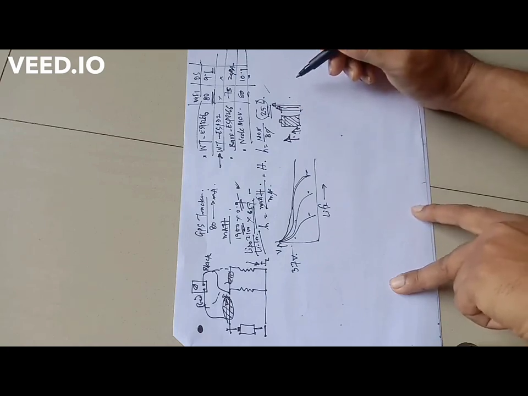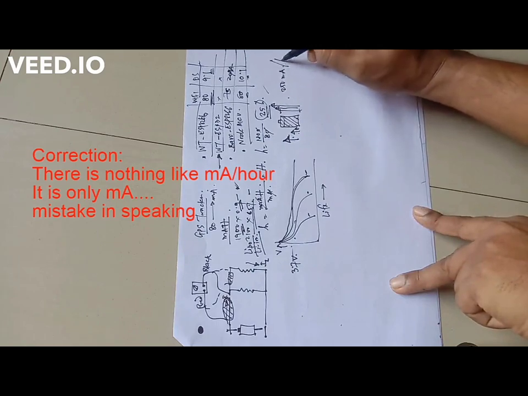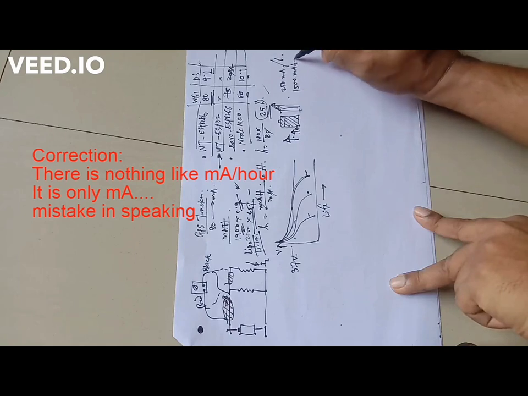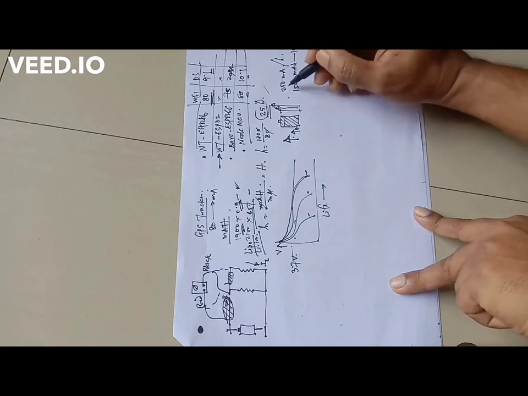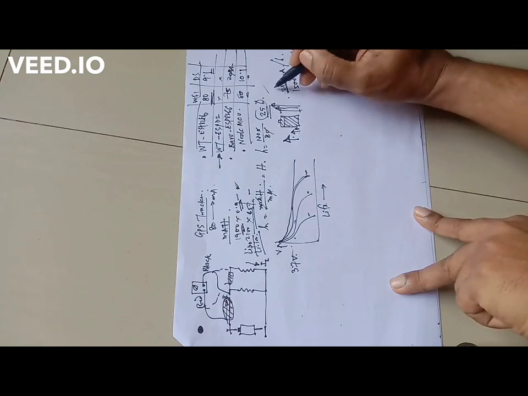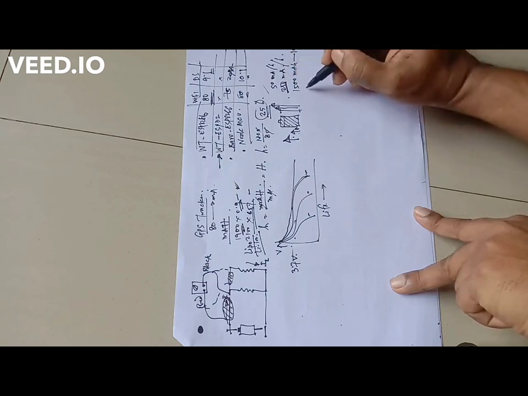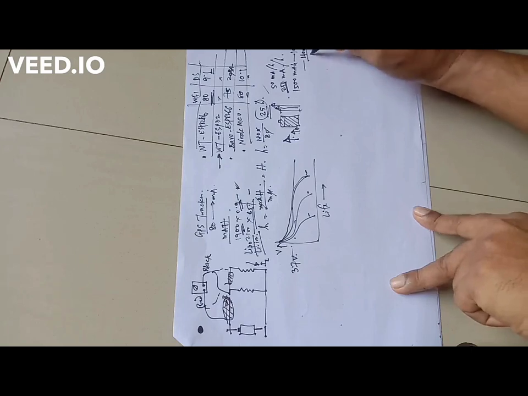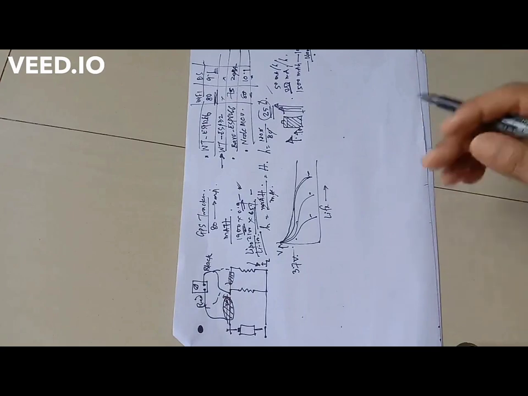So if you are consuming at a very fast rate, like 250 milliamp per hour, and your battery is 1500 milliamp hour, you will be able to eat up only maybe 1000 of it. If you are consuming at a lower rate, maybe only 50 milliamp per hour, you will be able to consume much more than this, almost the whole battery. So this is one thing. Okay, so please keep that in mind.